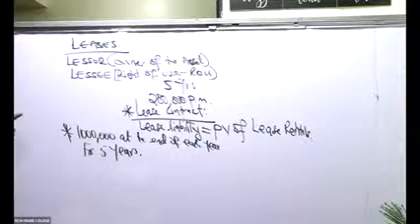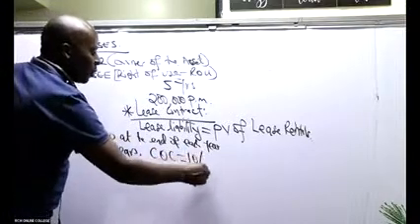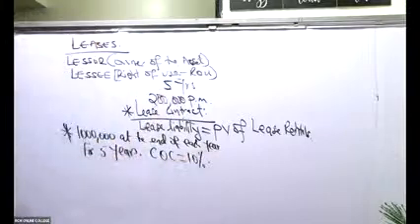So in this case, the lease rental is 1 million shillings every year, at the end of each year, for 5 years. And then they have given us the COC, the cost of capital, as 10%.